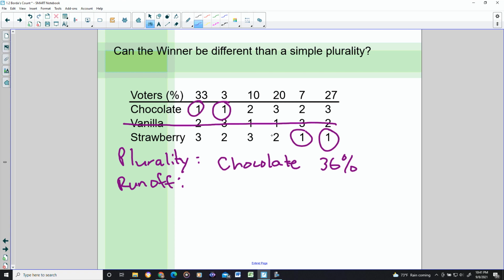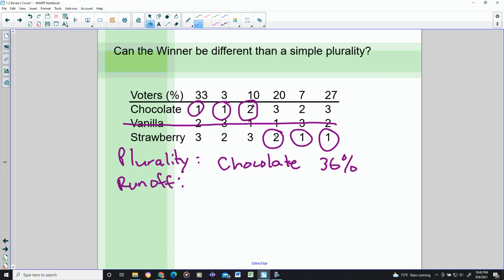What's going to happen to the vanilla voters? Because vanilla is the only one being eliminated, all of these voters go to their second place vote. Remember, in each column you circle the lowest remaining number. These 10% voters will switch to chocolate. These 20% will switch to strawberry.